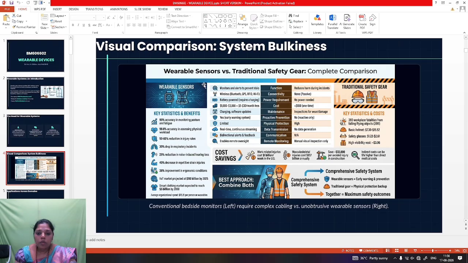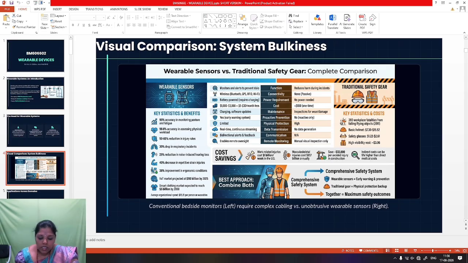Connectivity: wearable sensors have wireless connectivity, traditional safety has none. Battery power: wearable sensors are high, traditional safety needs no power. Physical protection: limited for wearable sensors. Data: wearable sensors offer real-time continuous streaming and data transmission, while traditional safety generates no data.